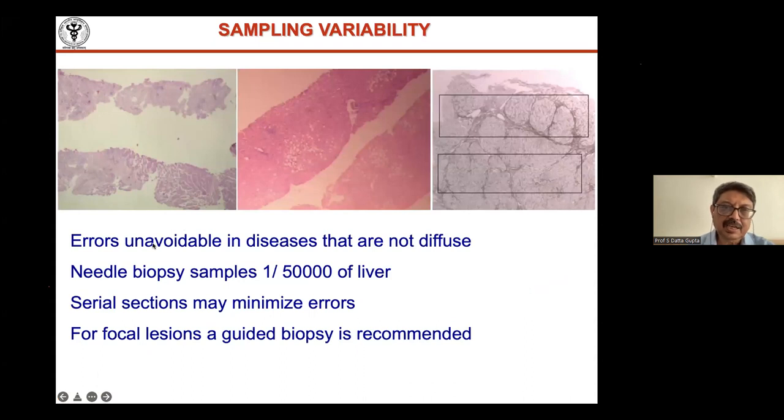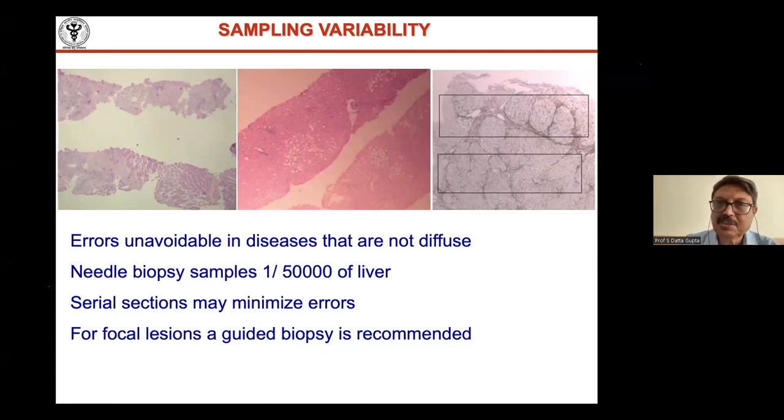So the errors are unavoidable when the disease is not diffuse, like in chronic hepatitis. The next thing is, you must remember, needle biopsy samples about 1/50,000th of the liver. You may say, "Oh, what use is it then?"